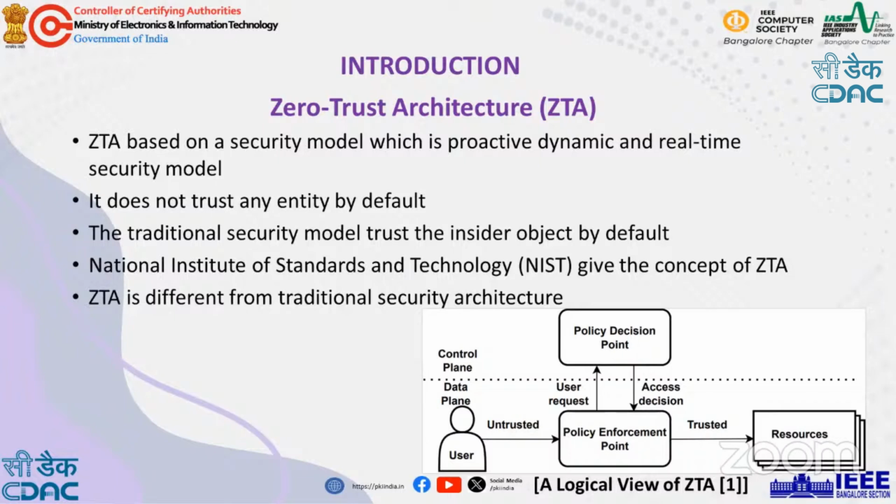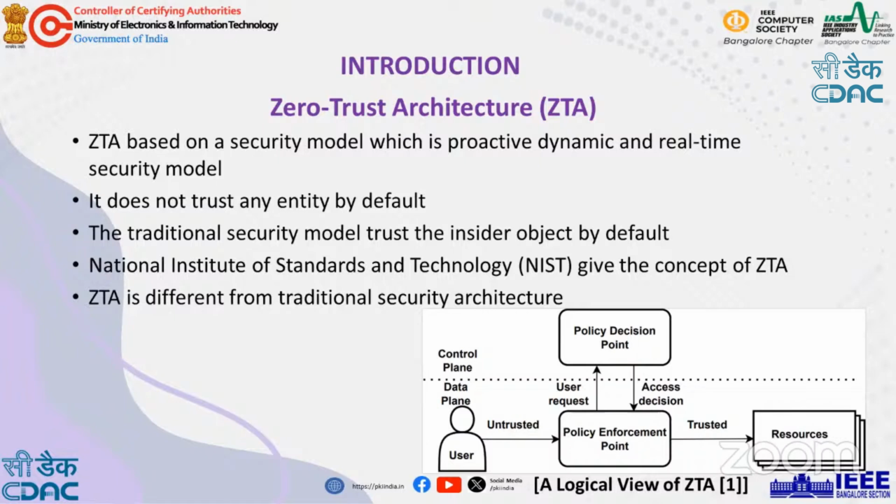Here is a logical view of zero trust architecture on the screen. There are two planes, one is the data plane and another one is the control plane. In the data plane, if any user wants to use the enterprise resource, the user needs to send the SSL request with the user's credentials, meaning ID, password, requesting resource and PKI certificate, that comes to the policy enforcement point of the zero trust architecture.